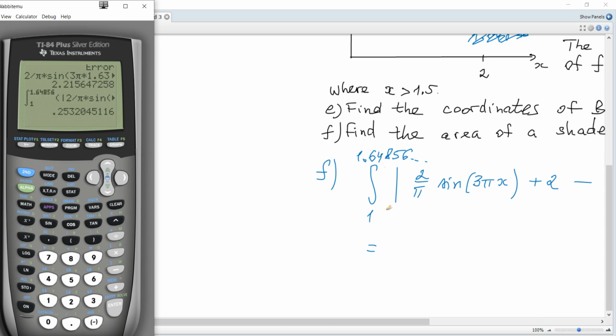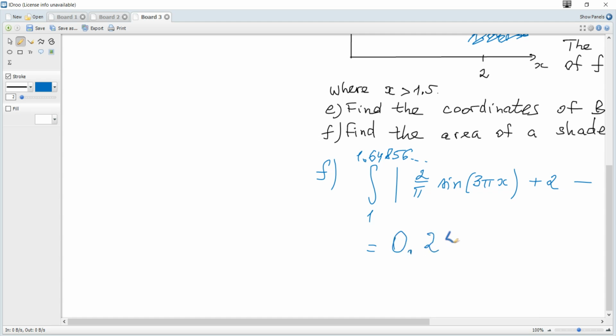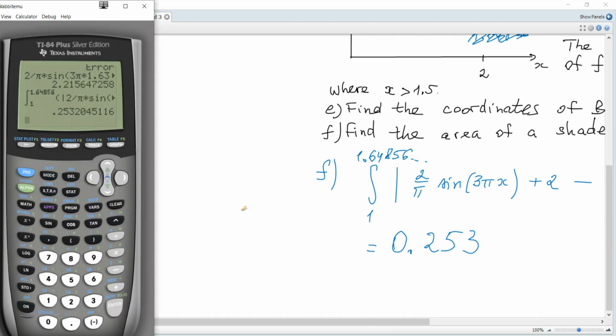And we get 0.253 to 3 significant figures. Again, it must be in radian mode, and the absolute value is here, this abs. And that's all for this question.